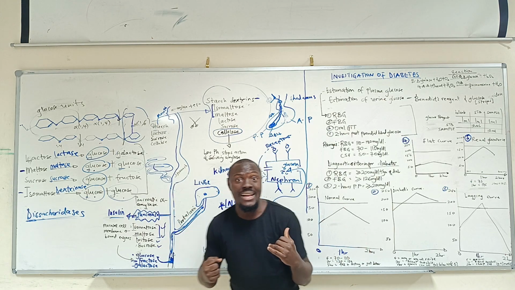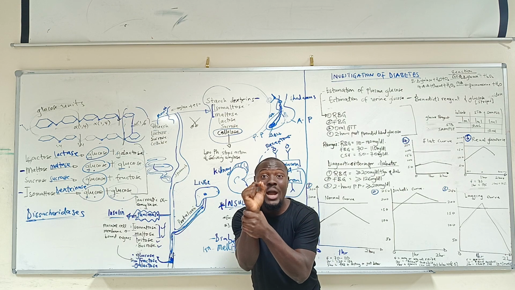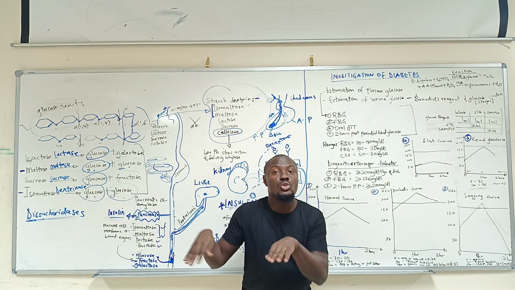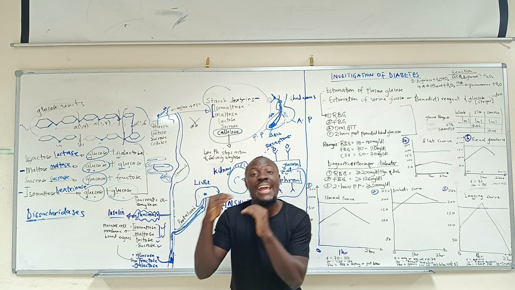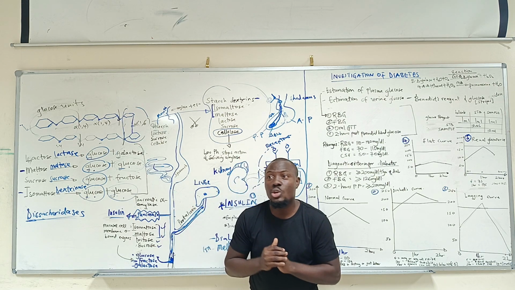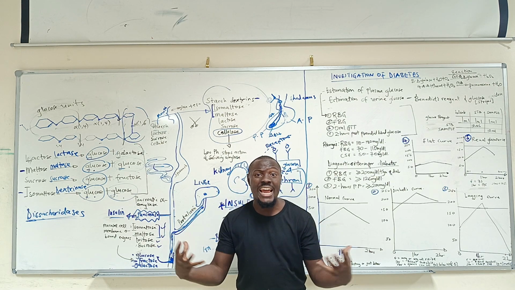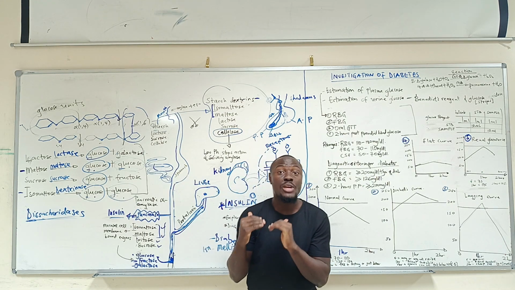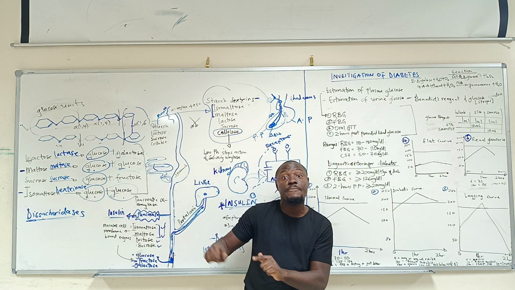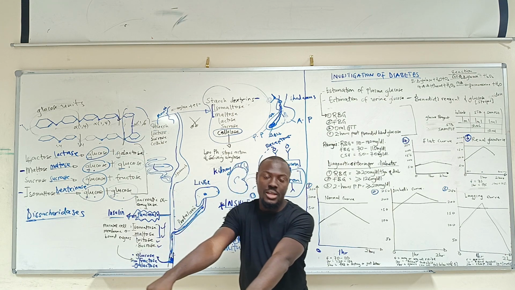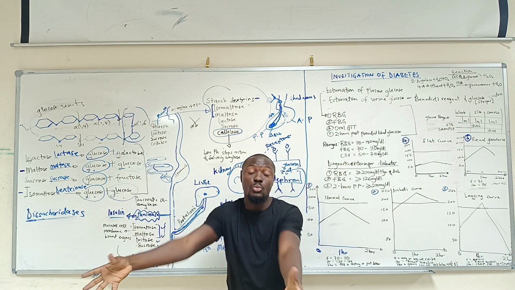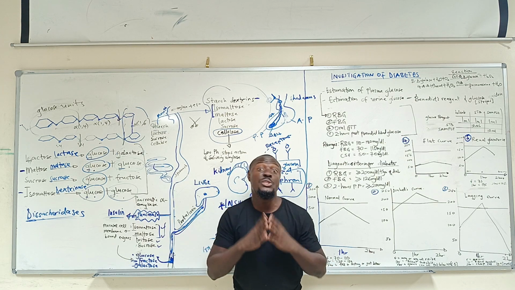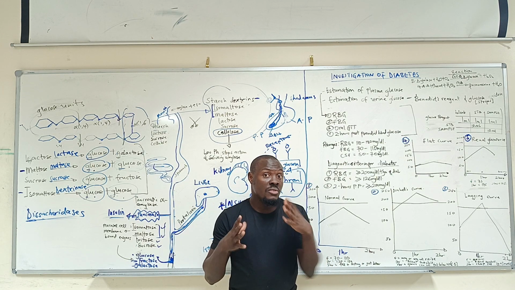But for glucose in particular, the threshold for it to get into the urine is like 180 milligrams per deciliter. So if you have any sugar levels inside your blood that is more than this amount, it simply means that you are not lucky, because it's going to get filtered through your kidneys, and then we'll see it inside the urine. And this will give us a fair idea that this particular patient is suffering from diabetes.